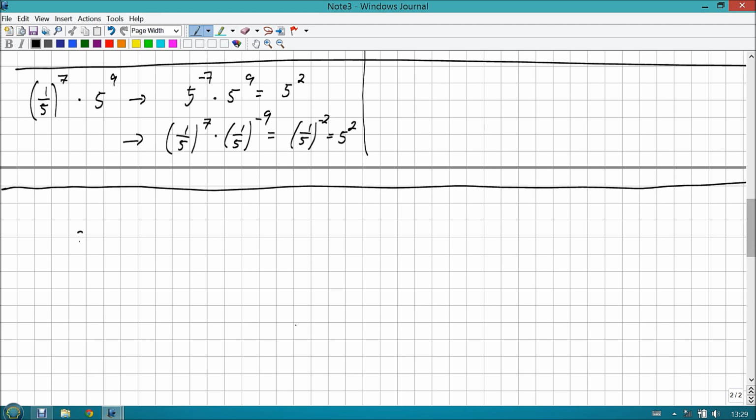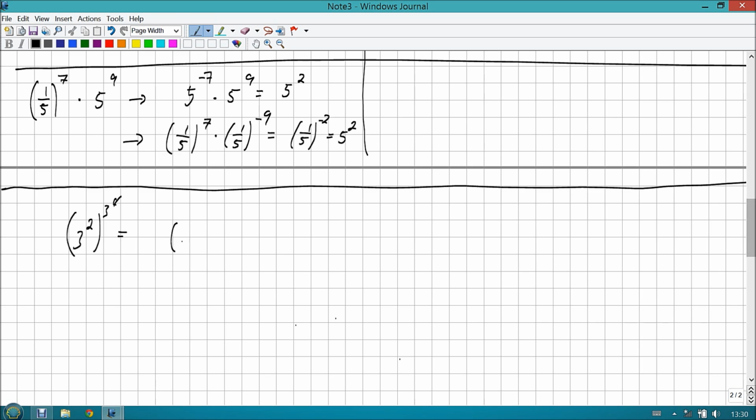So what happens if I take something like 3 to the 2nd and raise it to the 3rd power? Think about it for a minute. Raising it to the 3rd power means that I would take the inside portion and I would multiply it by itself 3 times.